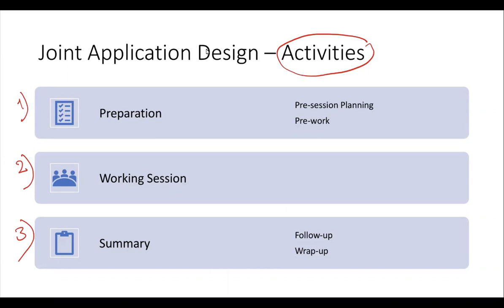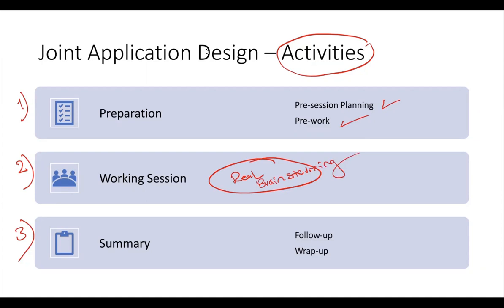If you would like to perform a complete JAD elicitation method, you need to do some pre-session planning, some pre-work, and then you do the working sessions, which is the real brainstorming.